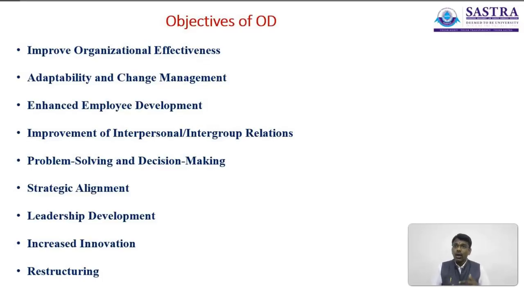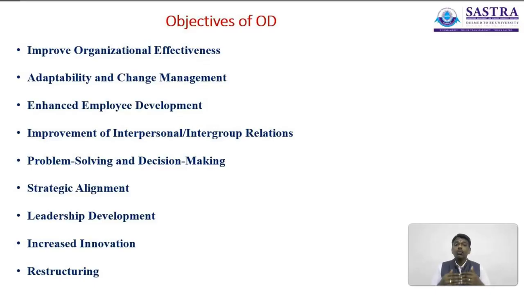See, OD, as we discussed earlier, is a systematic process aimed at improving organizational effectiveness and health through planned intervention. The primary objectives of OD include enhancing communication, fostering collaboration, and promoting adaptability to change within the organization, friends.